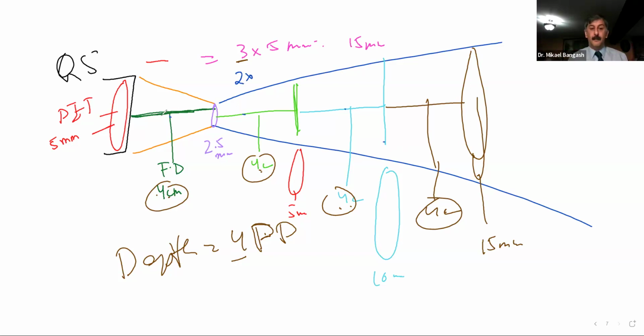And if it had been equal to the size of your PZT, that would have been at a distance of 2 focal depths. Did you guys get that?